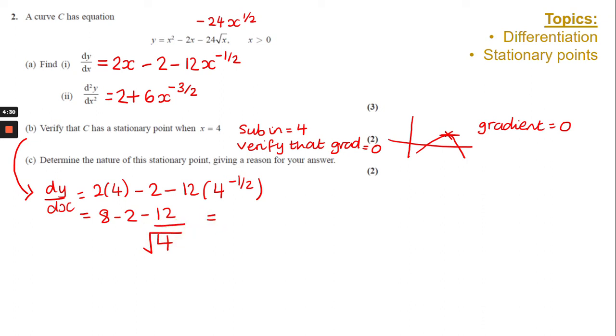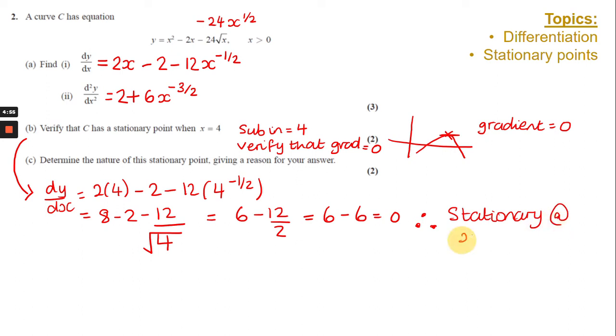So 8 minus 2 gives me 6, minus 12/2. 12/2 is also equal to 6, so 6 minus 6 equals 0. Therefore, stationary point at x equals 4.